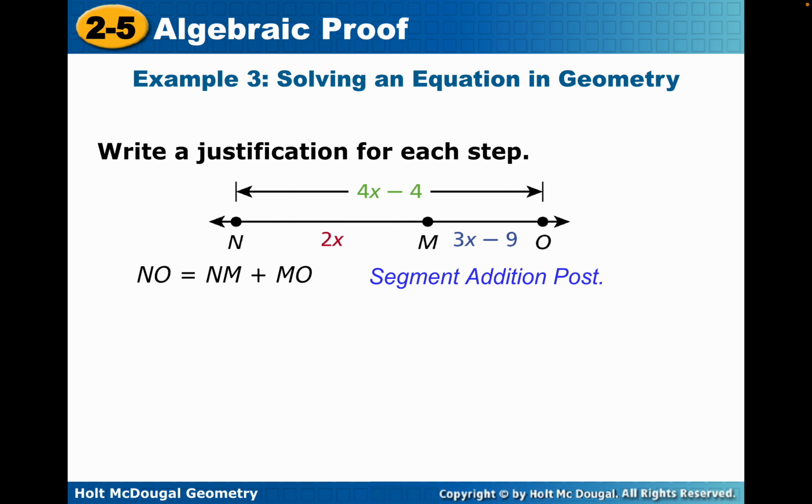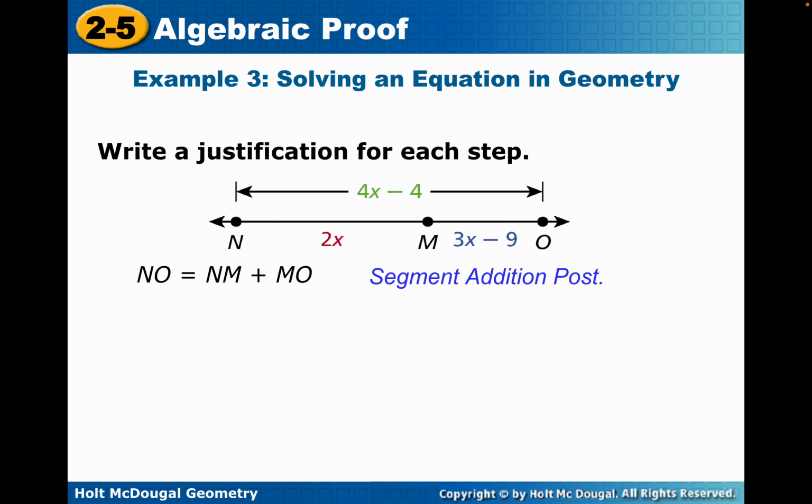It's stating the truth. Because we know NO equals NM plus MO, because that's just segment addition, and that's just a postulate because we're just explaining what that means. So it's almost like a definition. We're just explaining the segment addition postulate is NO equals NM plus MO, and that's how we solve it, okay?